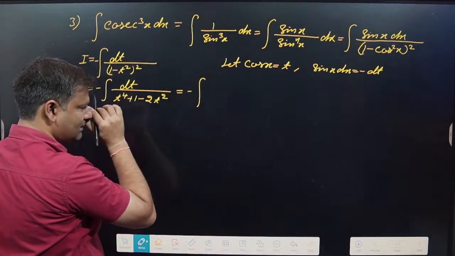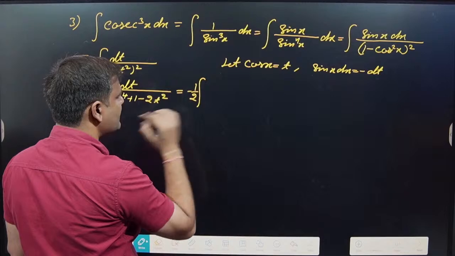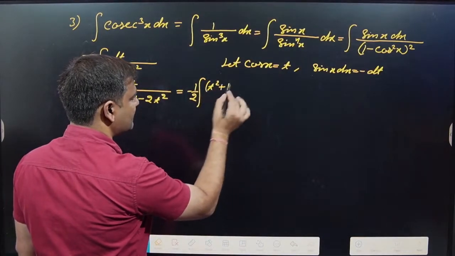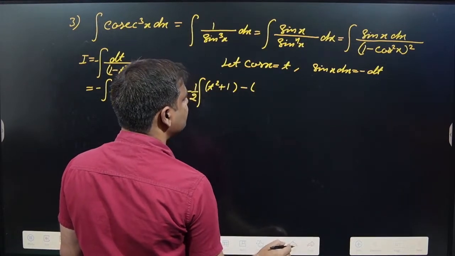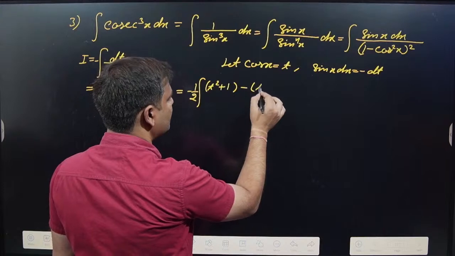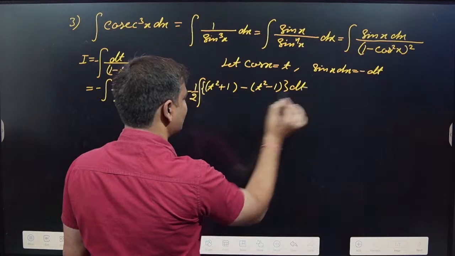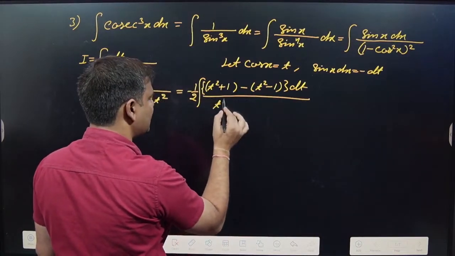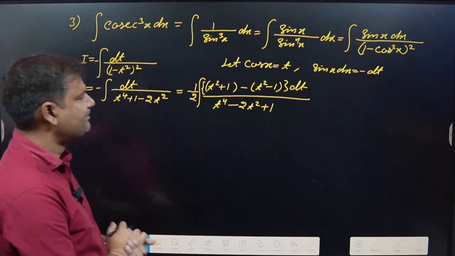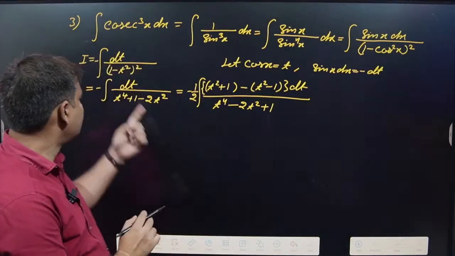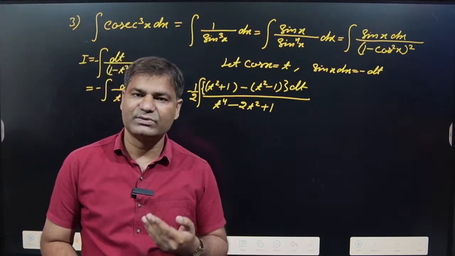Here, 1 is written as, if we multiply by 2 and divide by 2, then 1 by 2 and also t square adding and t square subtracting.